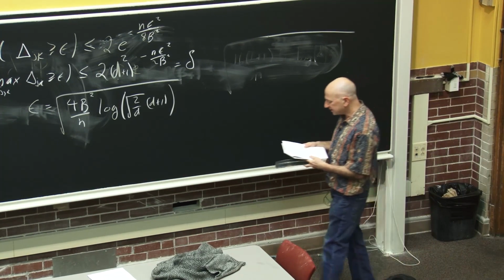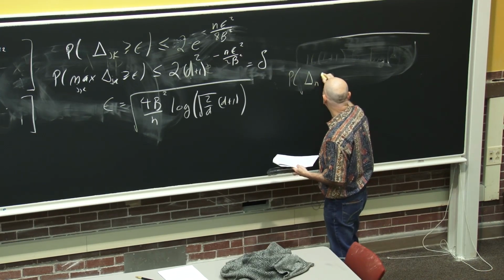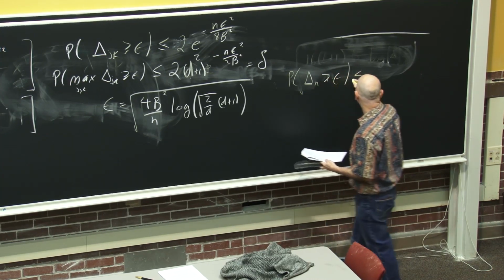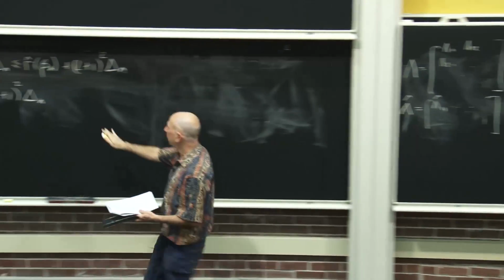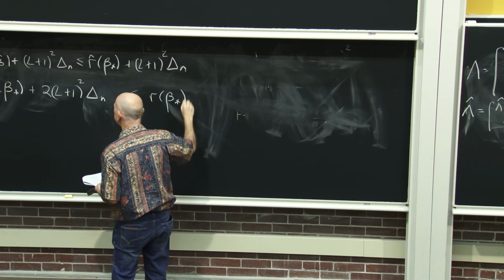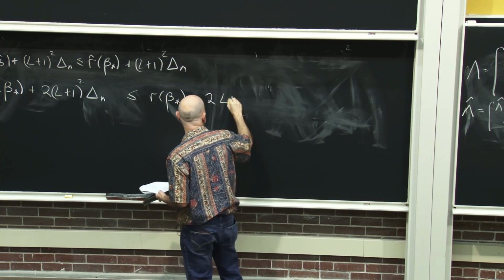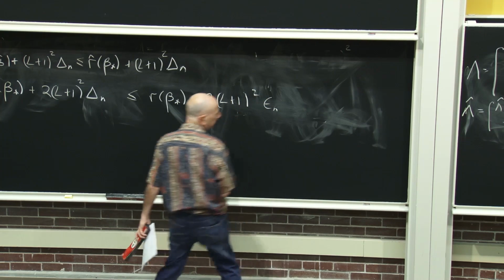And so what that says is, therefore, with this choice of epsilon, the probability that delta n is bigger than epsilon is less than delta. So with probability at least 1 minus delta, I can say this is less than that epsilon.